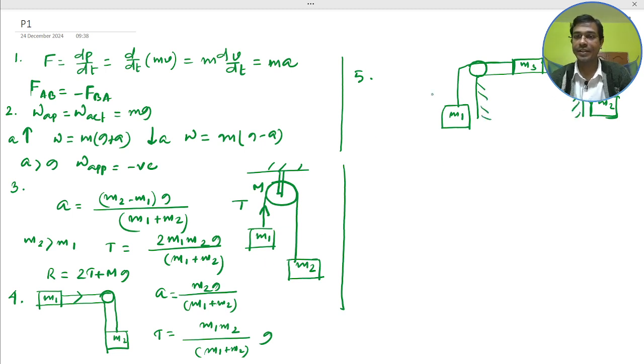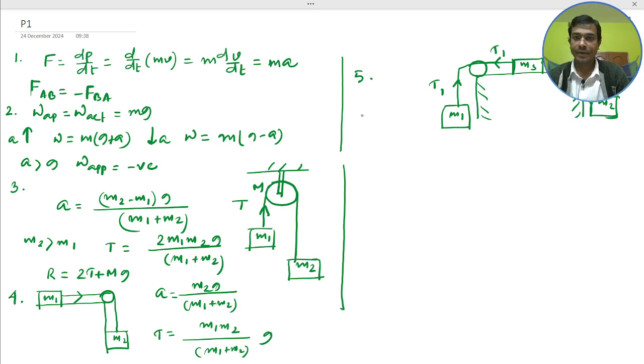In this case the tension is T1 and this will be T2. Here T1 will be in this direction and T2 in this one.